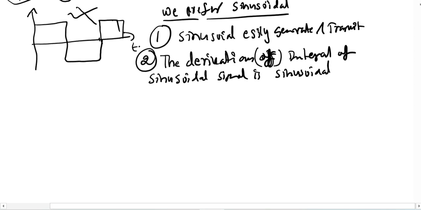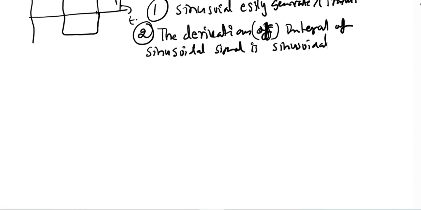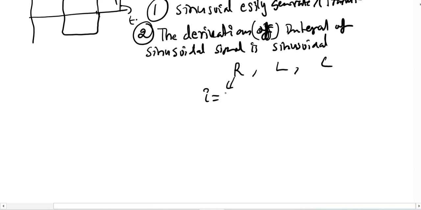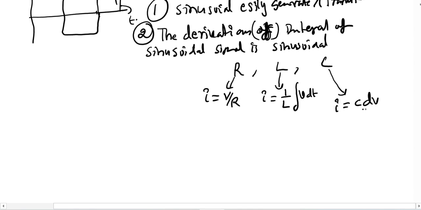What this means is that in AC circuits we use R, L and C. The expression for current in terms of R is V by R. For inductance, the current is 1 by L times the integration of V dt. For capacitance, the current is C dV by dt.